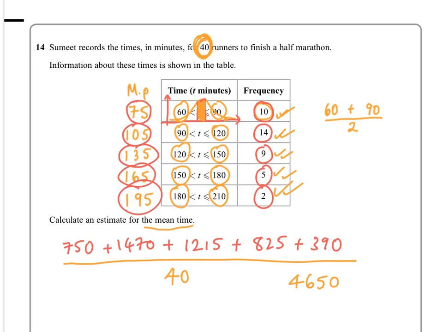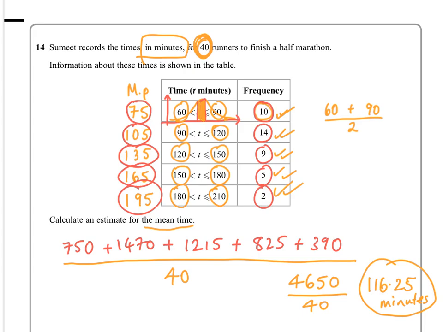Then the examiner could see exactly what you're doing. And then I'm going to divide by 40 now. And I get 116.25, and that's going to be in minutes. And that would be my answer, okay?